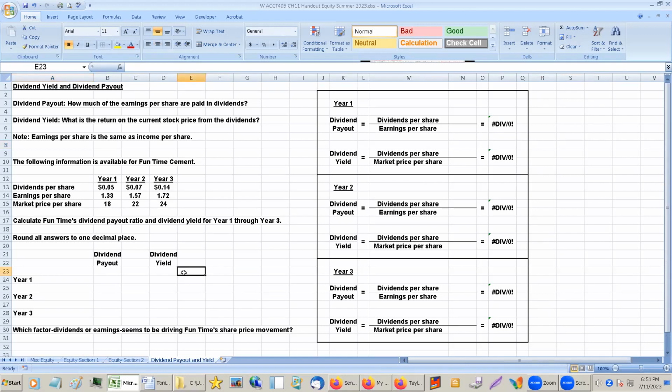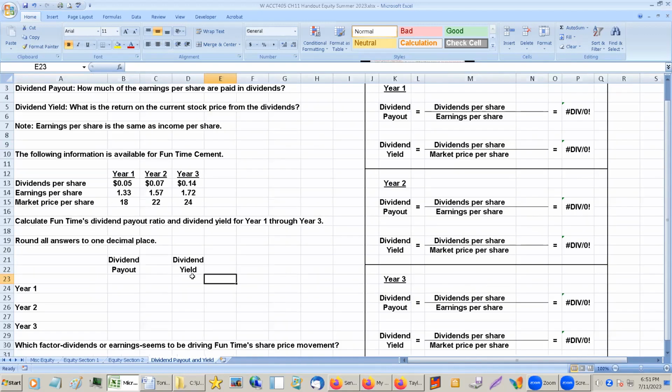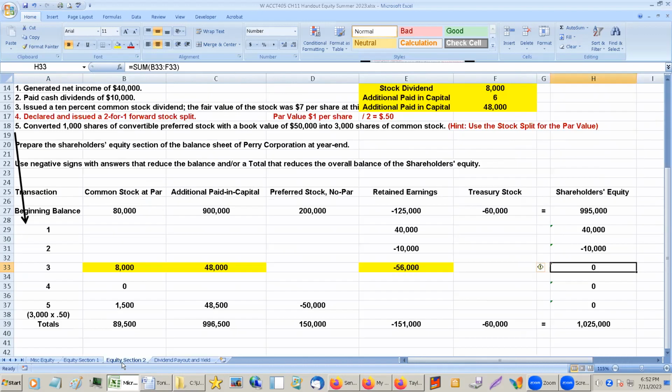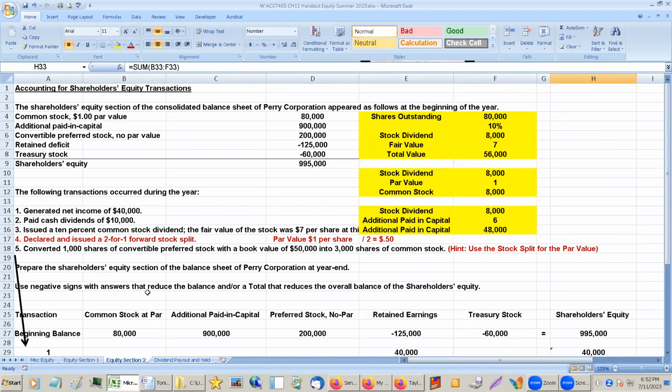Dividend payout. So dividend payout is how much of the earnings per share are paid out. Earnings per share is when you just take, well, here I'll show you what it is. Well, they both have split. Well, I'll take this before the split. They had income of 40,000.